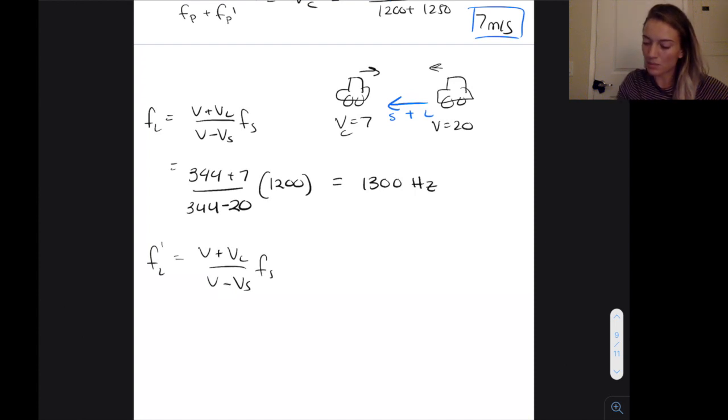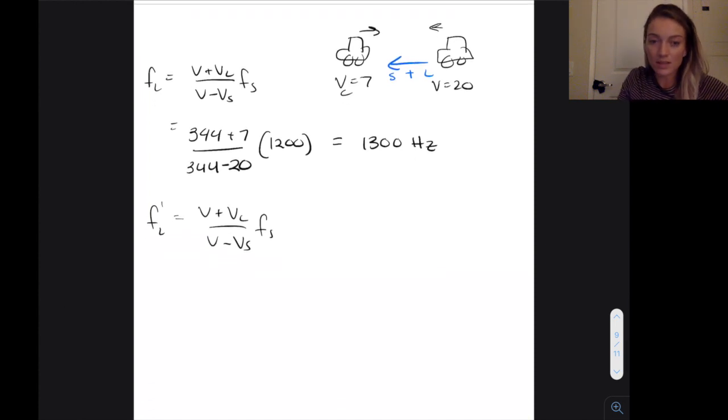Now we can just plug things in. The velocity of sound is still 344, plus the velocity of the listener, which is the cop car now, so plus 20. And then 344 minus the velocity of the source, which is now the car, 7, times the frequency of the source.